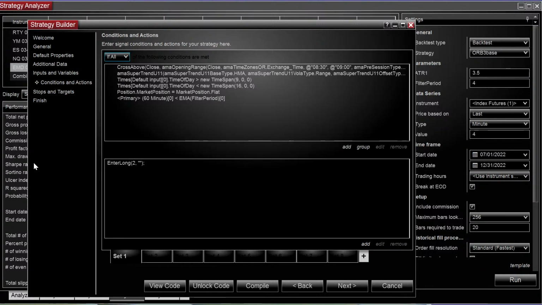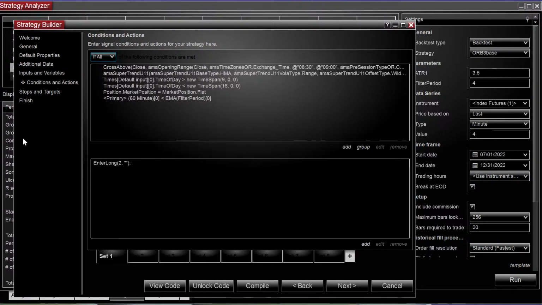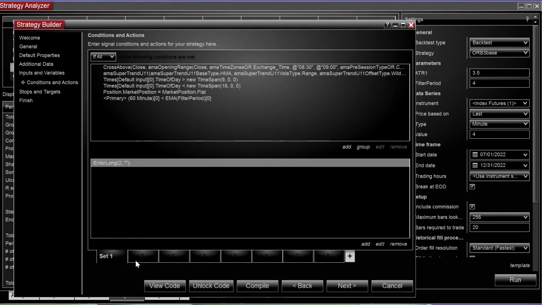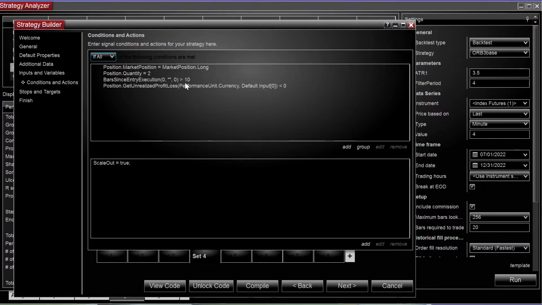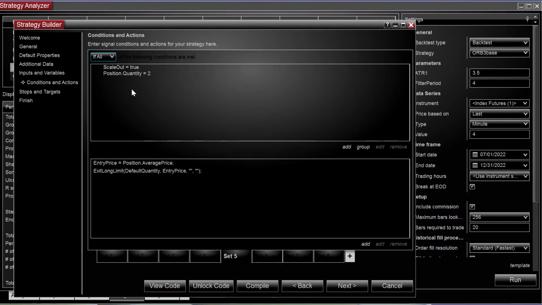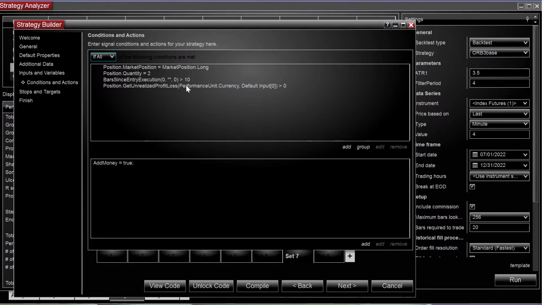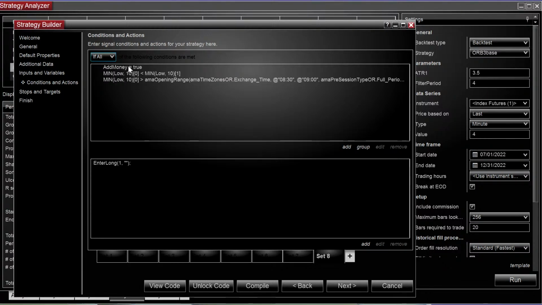Let me think for a second. So whenever we add, because remember we start our trade off with 2, and then after 10 bars, where is it at? Here it is. So after 10 bars, we set our add money to true. If it's true, 10 period low less than previous period low, we enter long.